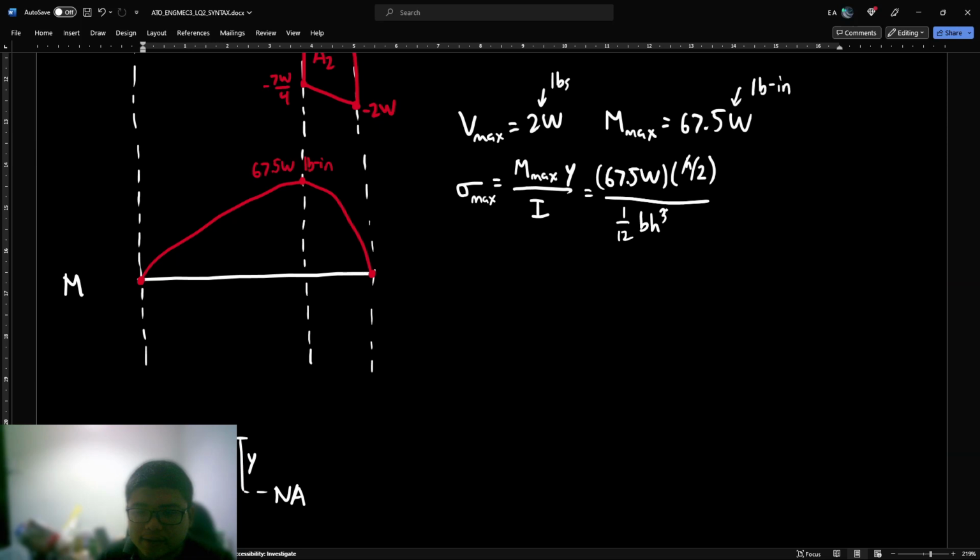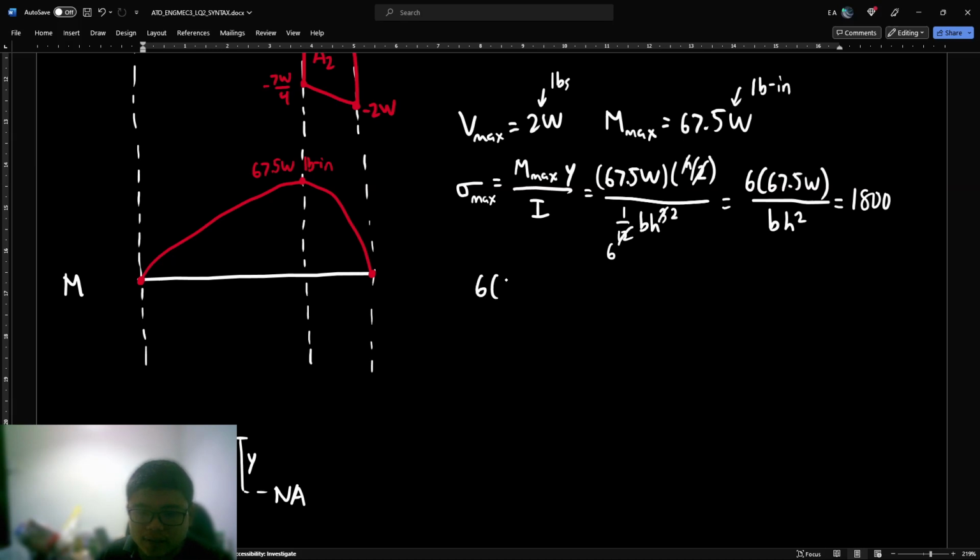Now H could cancel out, this becomes squared, 2 and 12 cancel out, the 12 becomes a 6. So this becomes 6 times 67.5 W all over BH squared, and that should equal your maximum flexural stress, which is equal to 1800 psi.